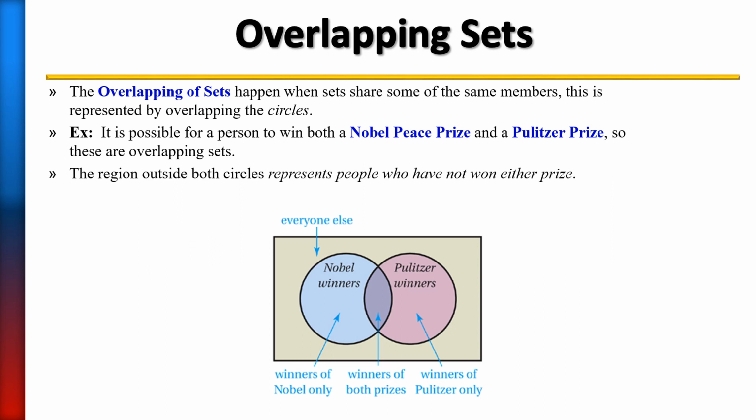Now, people such as myself would be in the tan, that is, those who have not won a Nobel Peace Prize or a Pulitzer Prize. So that would basically be everyone else who did not fit into any of the other subcategories. You're in the universal set of other people, everyone else.